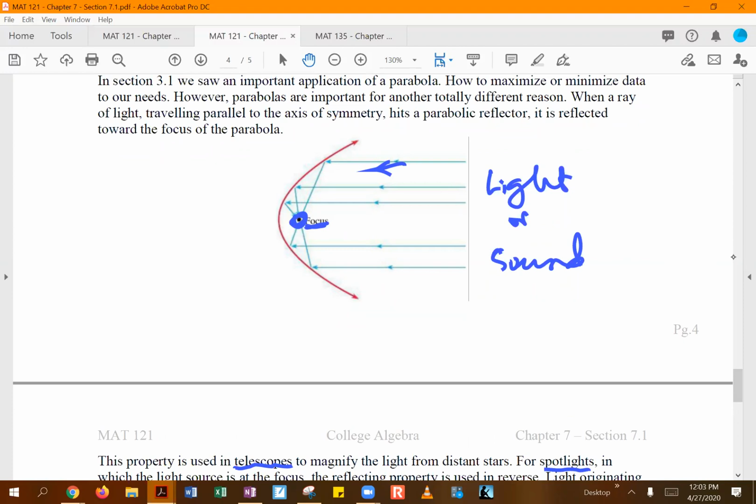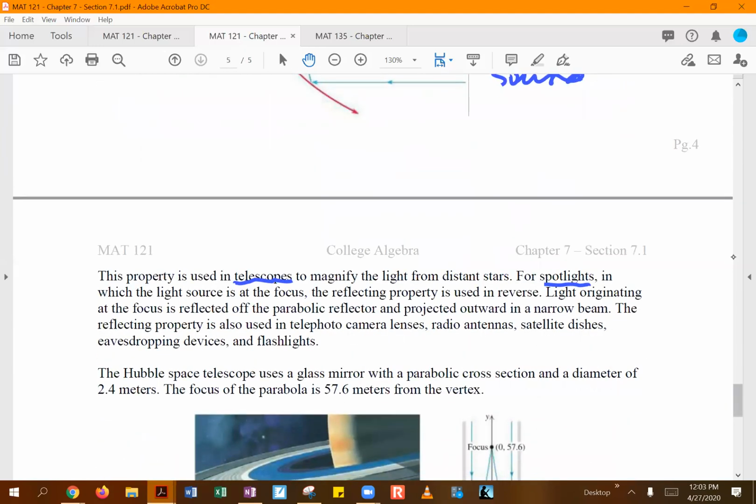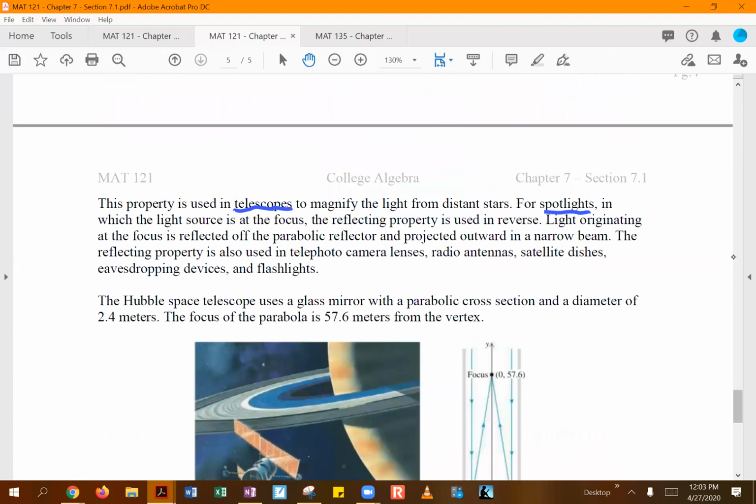And that means your light will go in the reverse direction from the light source. It's going to bounce on that parabolic reflector, and then that light is going to go out. And of course, we use spotlights to shine on a particular object or whatever we are focusing on. So that's kind of how the idea of spotlights works.